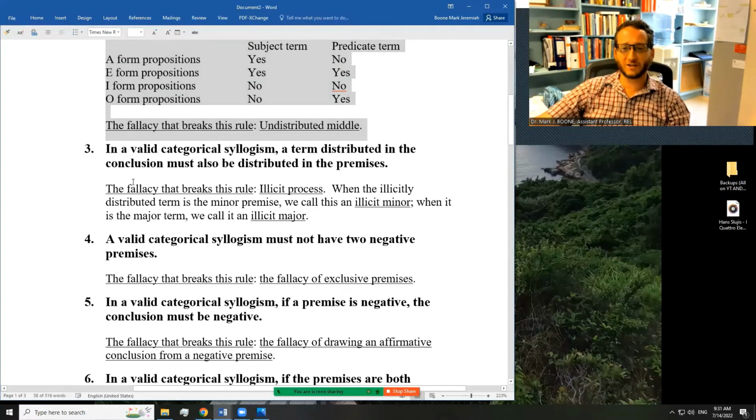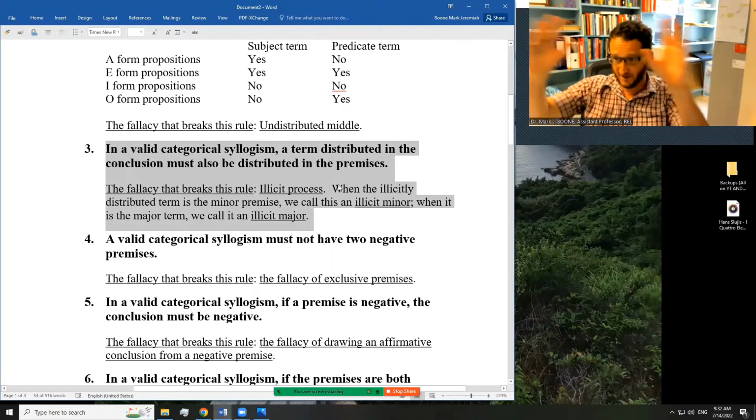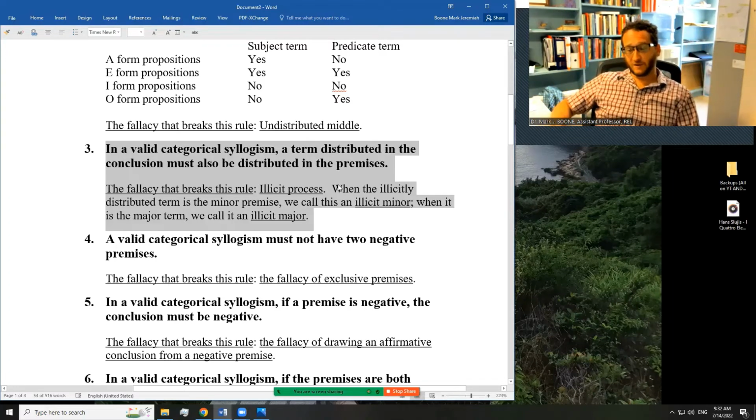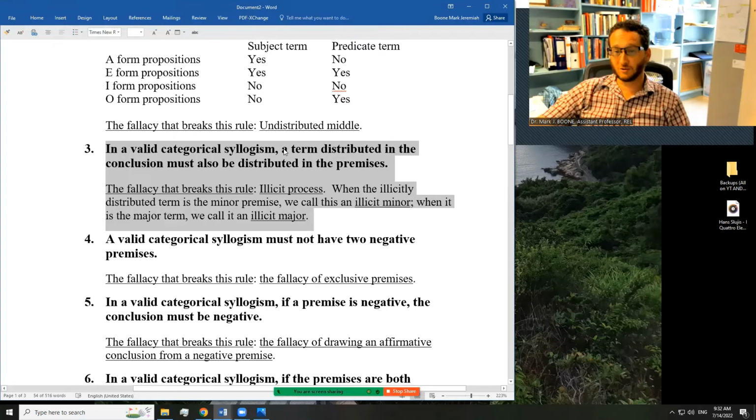Rule number 3: in a valid categorical syllogism, a term distributed in the conclusion must also be distributed in the premises. This is very easy to explain. An argument is valid if the premises cannot be true and the conclusion false at the same time, which means all the information in the conclusion is already in the premises.